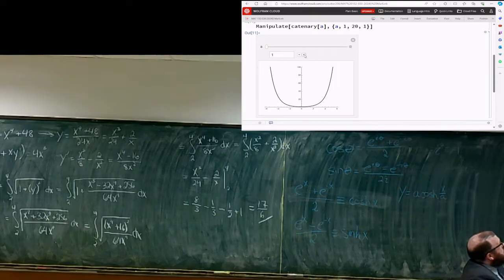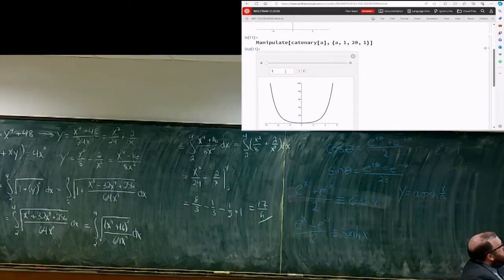So unfortunately, this doesn't give me an actual play option. On the actual desktop version, you can play the animation and it ranges through it automatically. Here I have to go through it manually.